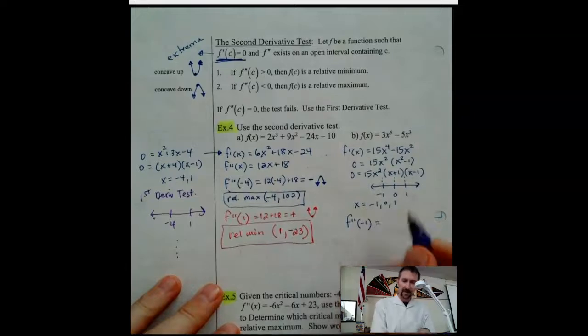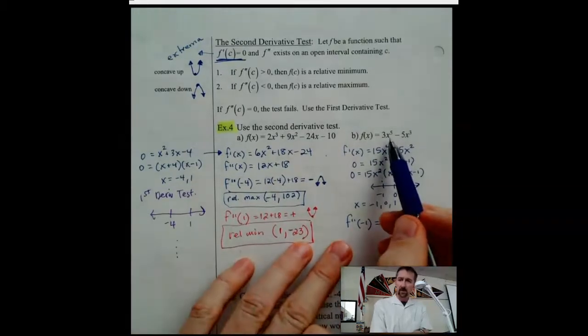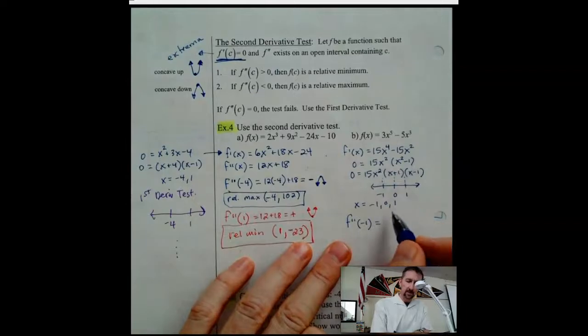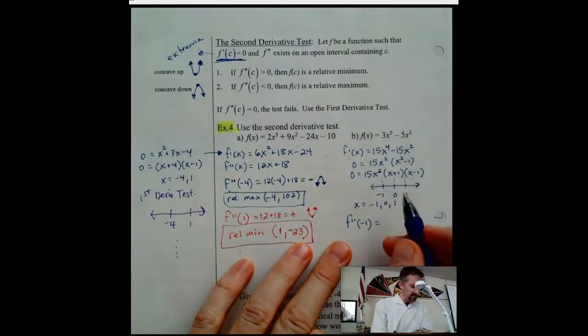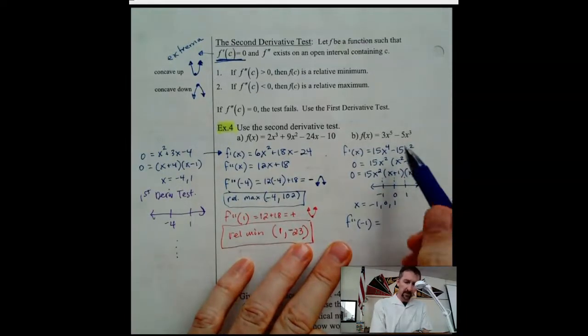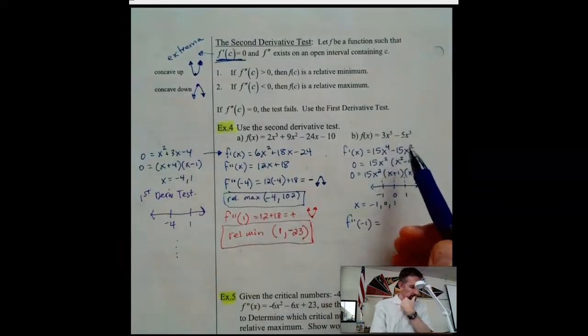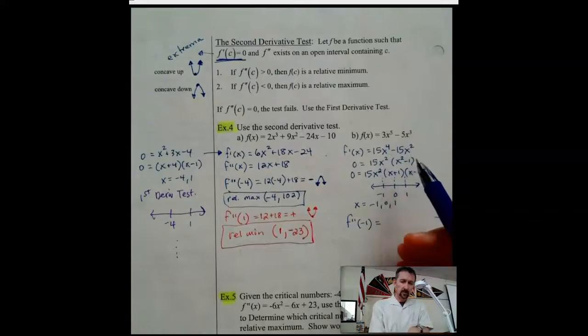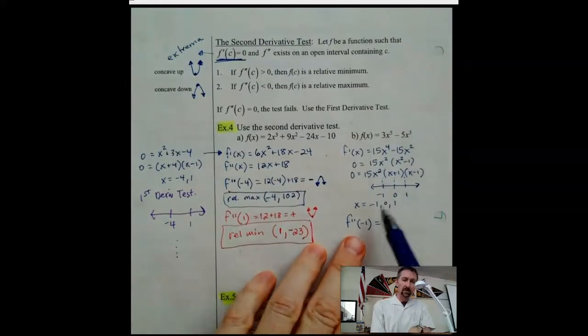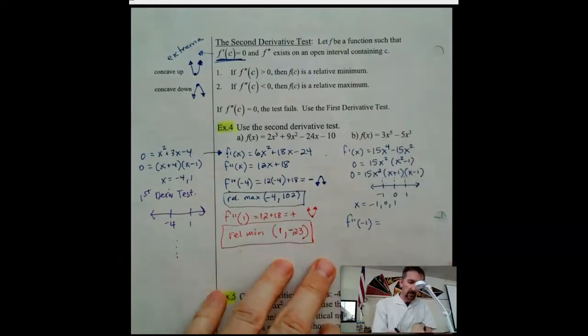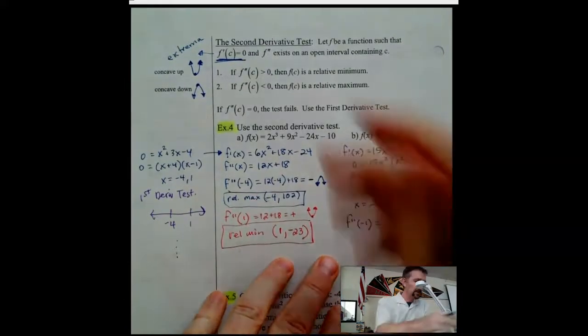So if we plug in -1 to the original there, that would be -3 plus 5. Wait. Up here. Oh, we need to find the second derivative and plug it into the second derivative.